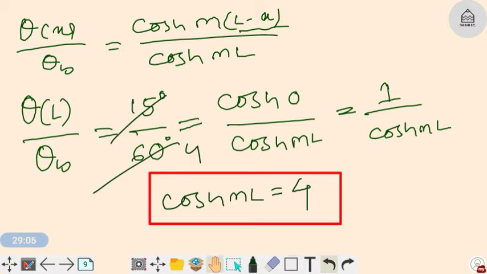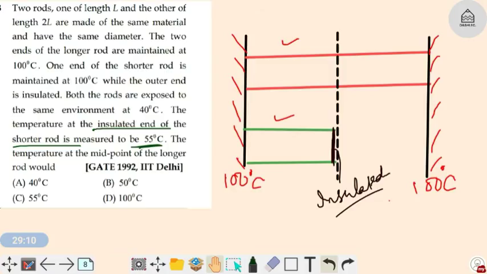Now for the bigger rod, the two ends are maintained at two temperatures, that could be the same.